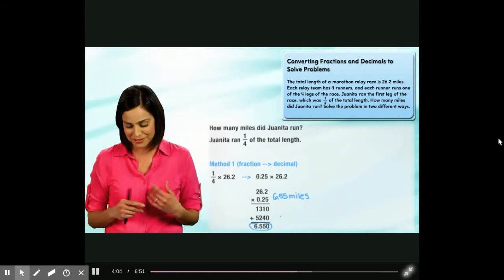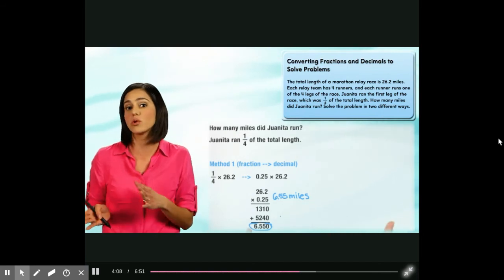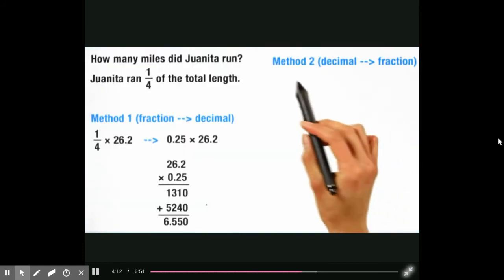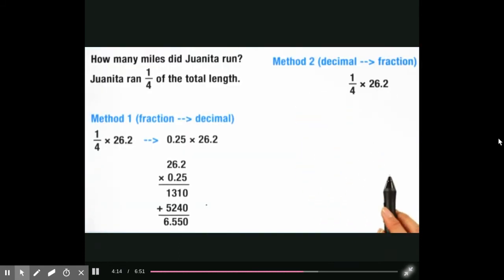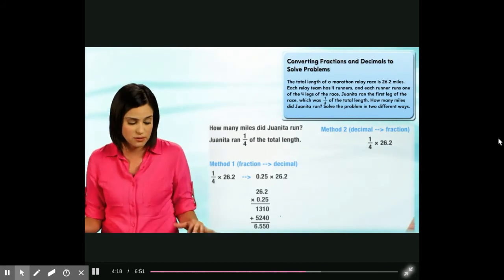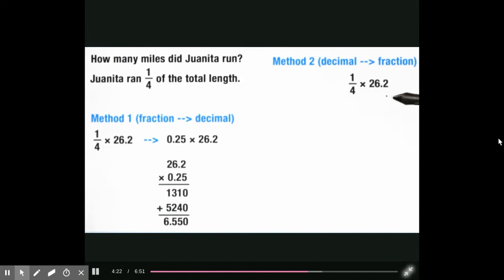For purposes of multiplying, we need to change that to an improper fraction. So now we have 262 tenths. And we want to make sure we always write it in the most simplest form. So now we have 131 fifths, which if we multiply that, we get 1 times 131 is 131, and 4 times 5 is 20.